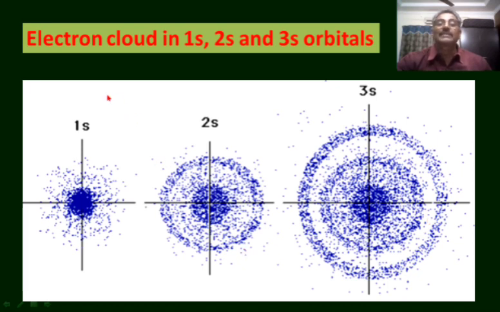The number of spherical nodes in an orbital can be obtained by the relation n minus L minus 1. The value n minus L minus 1 gives the number of spherical nodes.